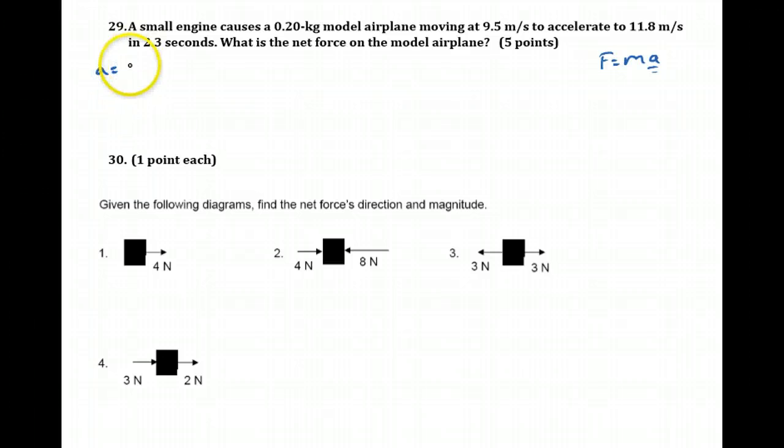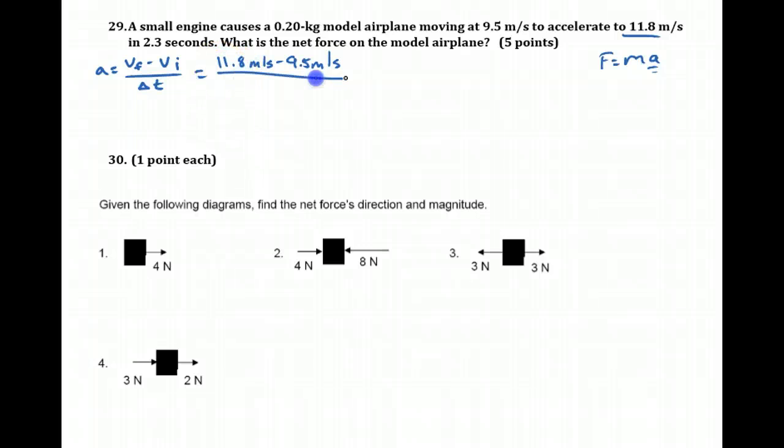Acceleration is going to equal velocity final minus velocity initial over change in time. So the acceleration is going to equal the velocity final, 11.8 meters per second, minus 9.5 meters per second, divided by change in time, 2.3 seconds.